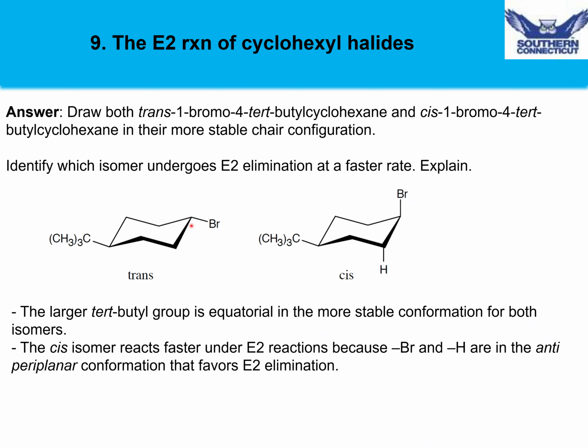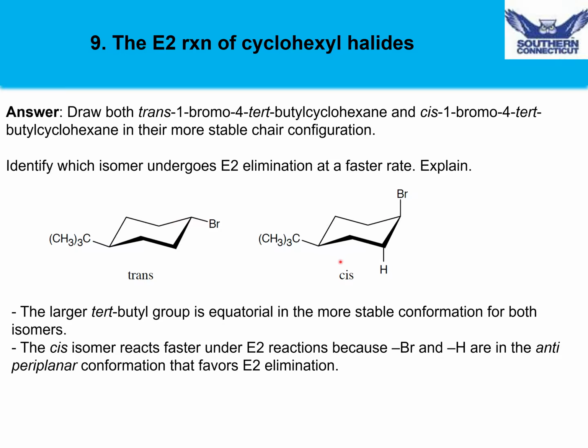That would mean ring flipping it and turning this bromine into an axial position, this tert-butyl group into an axial position. So when we add base to it, we can then do the elimination because the bromine is axial. But that required us to go through a less stable chair conformation of this compound, so that's not ideal.